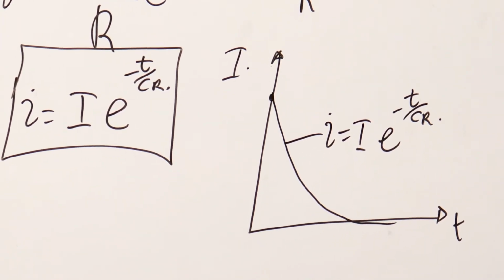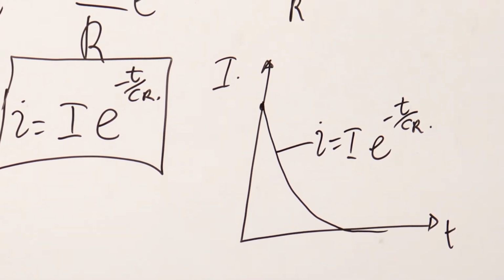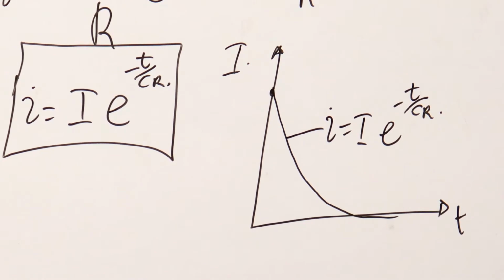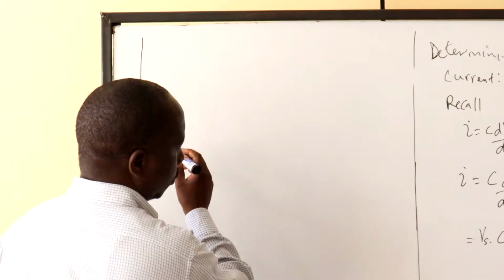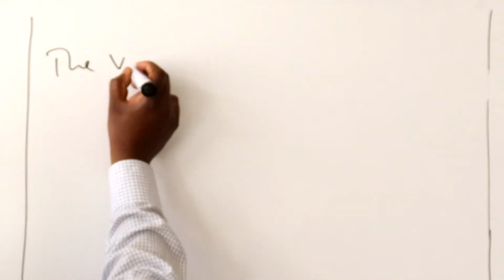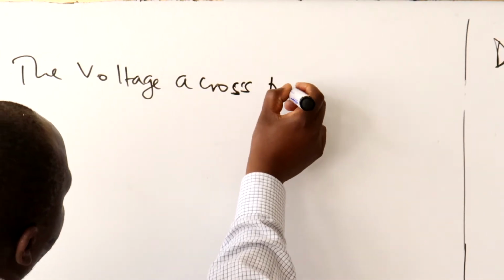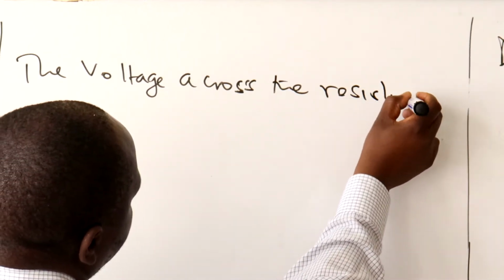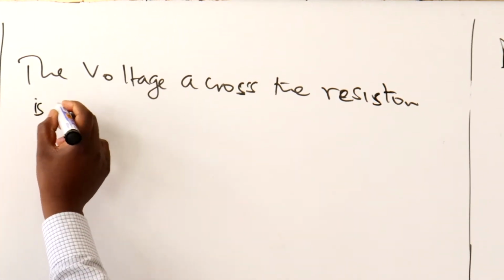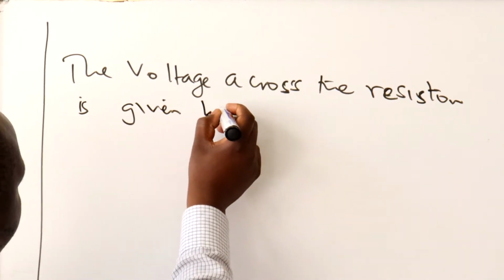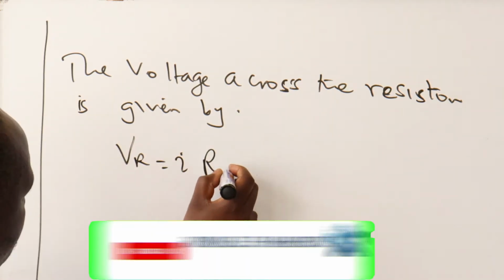Then we are going to get to the curve for determining the resistor. So we shall be able to do that also. The voltage across the resistor is given by VR equals IR.